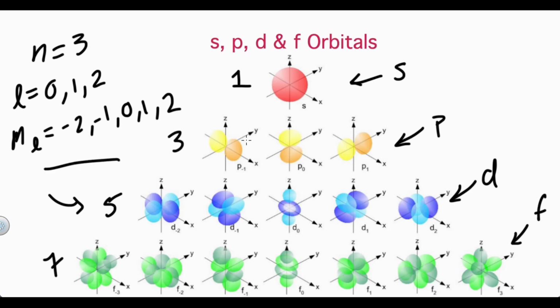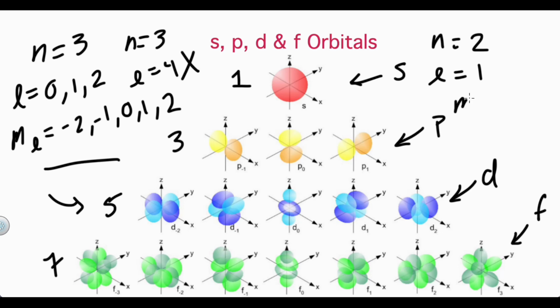Okay? It's pretty simple. You just have to take your time and go back and see if things make sense. Because if I've got n equals 3 and I have L equals 4, no. If I have n equals 2, L equals 1, and m subscript L 3, or -3, no, that won't work.